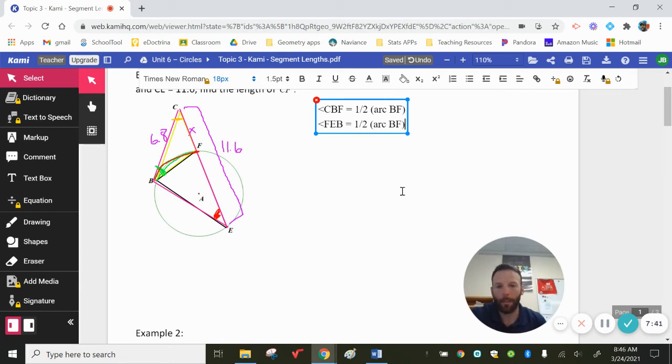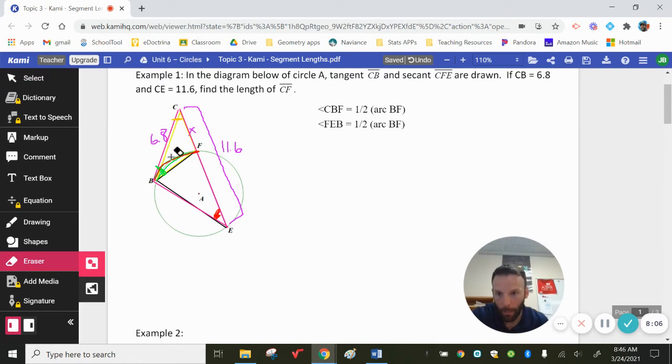So those 2 angles have to be congruent to each other. They are each half of the arc BF. Whatever arc BF is, it doesn't matter what it is, both angles CBF and FEB are each half of that arc. So therefore those angles have to be congruent to each other.